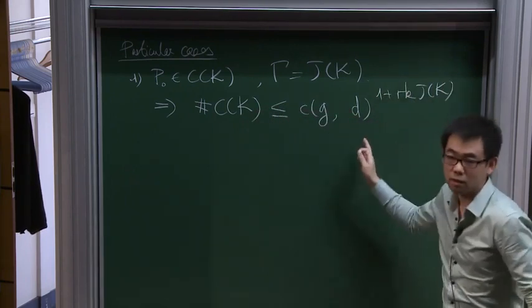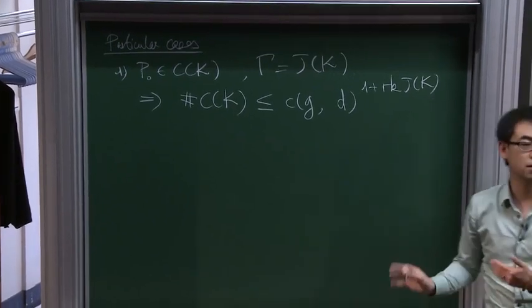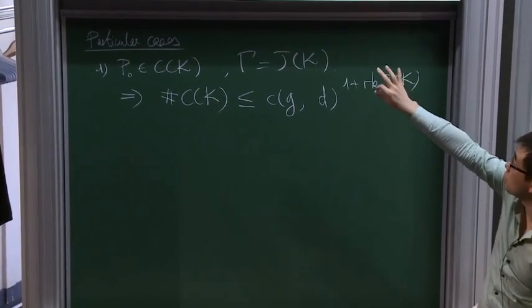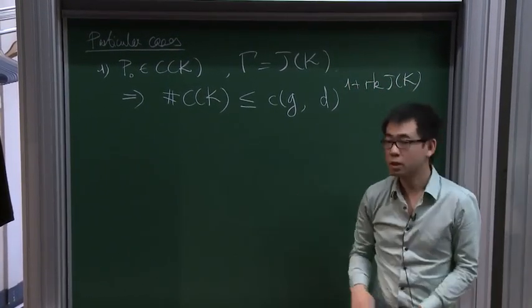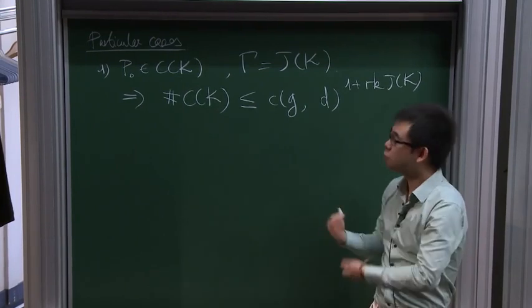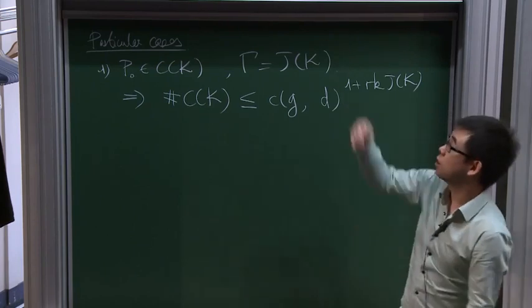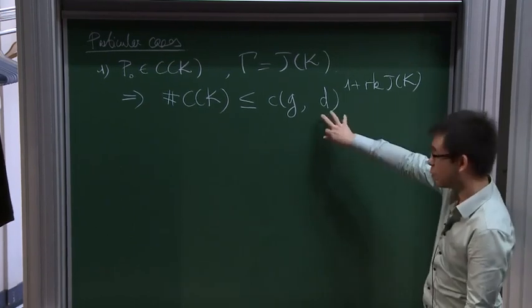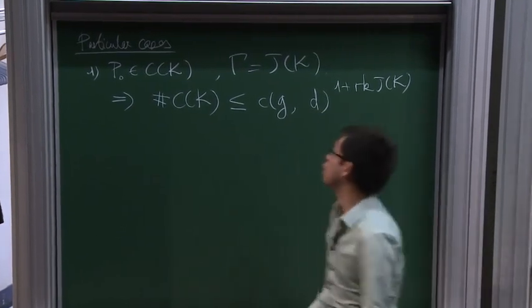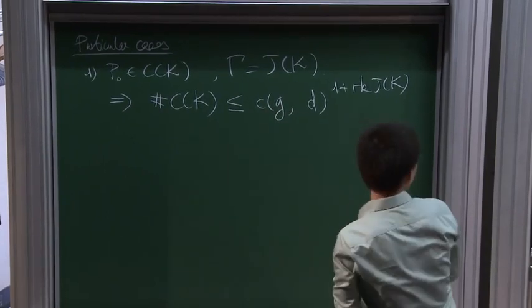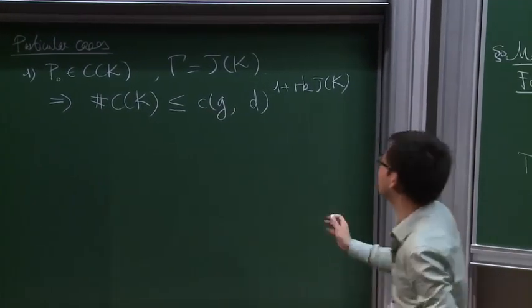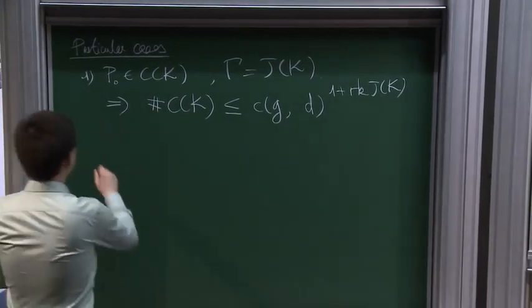Here, the dependence on D is really artificial. It is there because we have this restriction to large curves. And D is here only because if we fix D, then there are only finitely many curves with small heights. So the dependence on D is only here. And this is actually another version of Mazur's conjecture, this one.